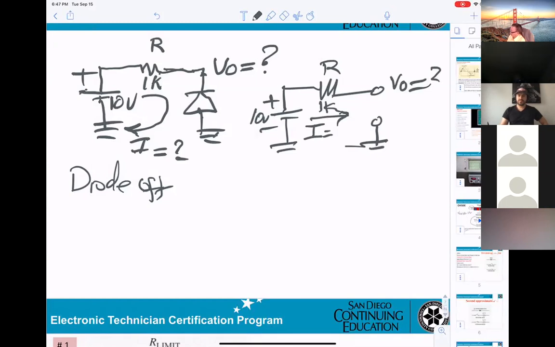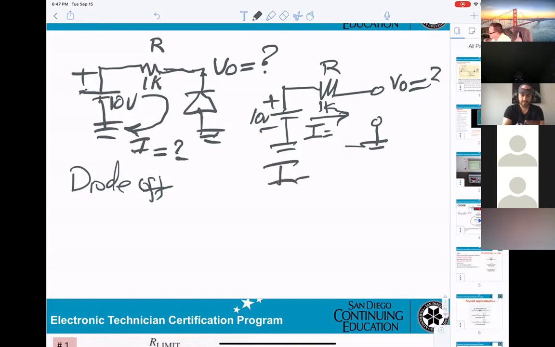What is V out? 0. 0? Come on. Or 10 volts? 10 volts. Okay, now what is current I? 0.1 ampere. Sorry, 10 milliampere. Come on, man. 0.